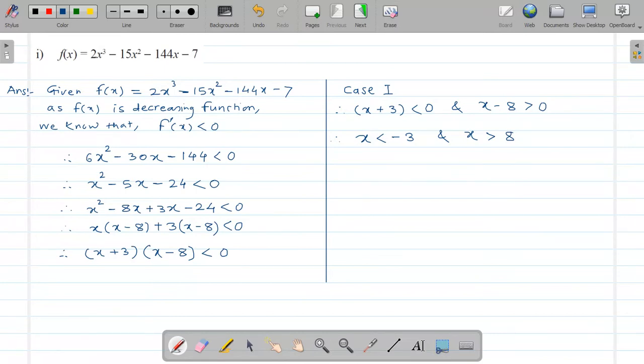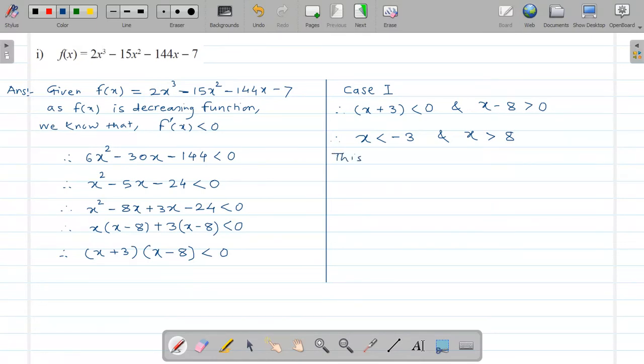Now we have to find out all the real numbers which are less than minus 3 and greater than 8. So is it possible here? Numbers which are less than minus 3 and greater than 8 are not possible. So this condition is not possible.